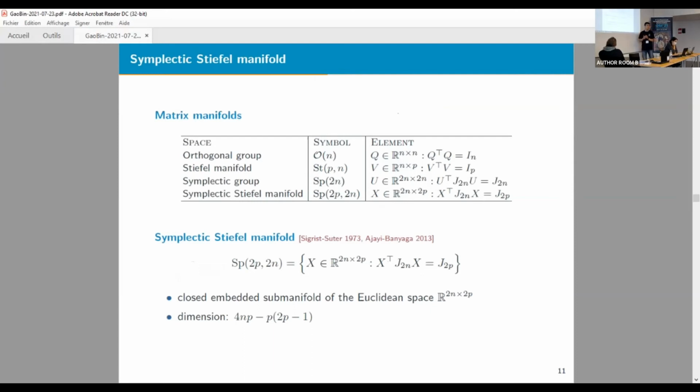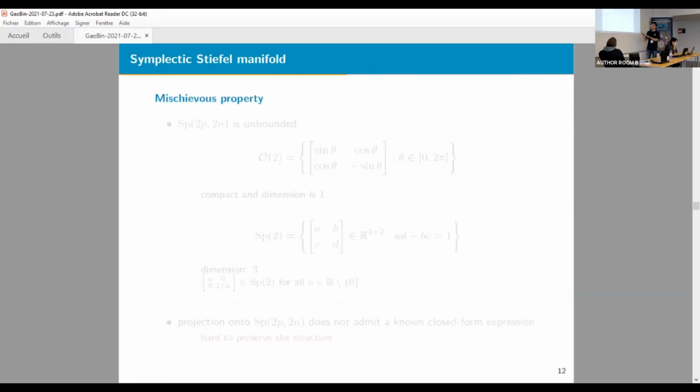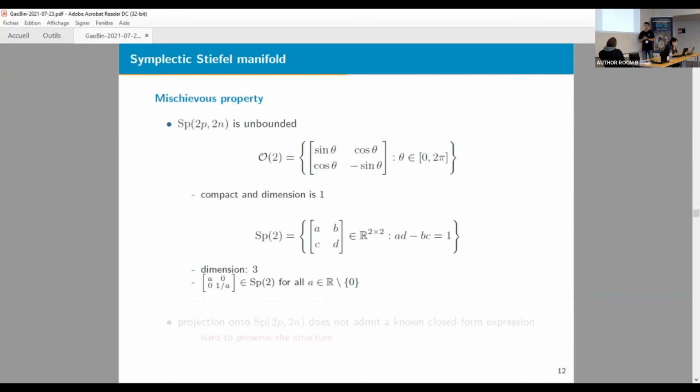We prove that this set SP is a closed embedded submanifold of the whole space, and it also has the following dimension. Now we have the manifold, so what's the difference? There is an annoying property of this manifold.